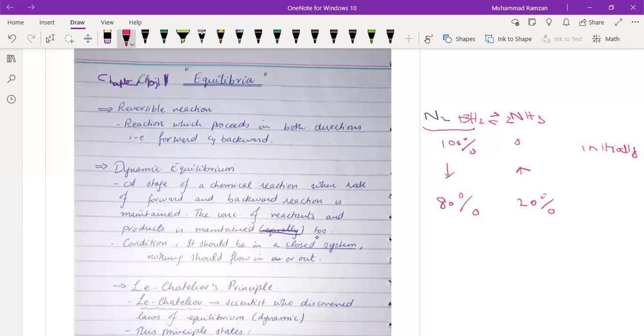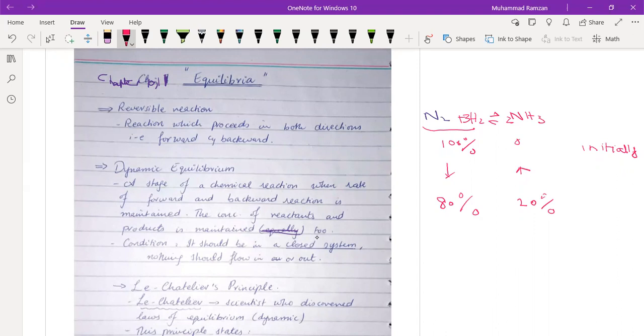The amount of NH3 shifted to the backward side will be compensated when your reactants react together to produce certain amounts, which gives the figure 20. So the 80 and 20 figure is maintained.